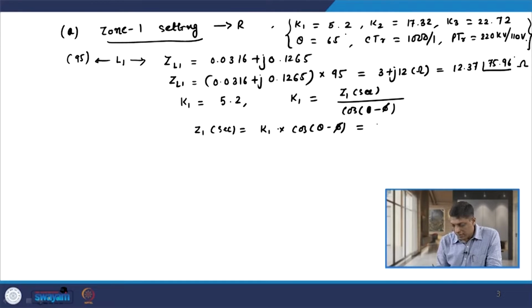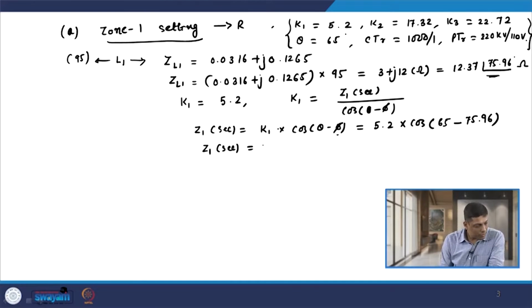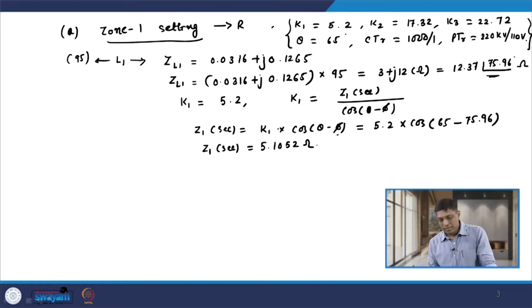So K1 is given as 5.2 ohm into cos of theta, given as 65 degree characteristic angle, minus phi. Now this phi is nothing but the angle of ZL1, 75.96 degree. So if I solve this, the value of Z1 secondary comes out to be 5.1052 ohm. So you can easily find out the value of Z1 secondary.